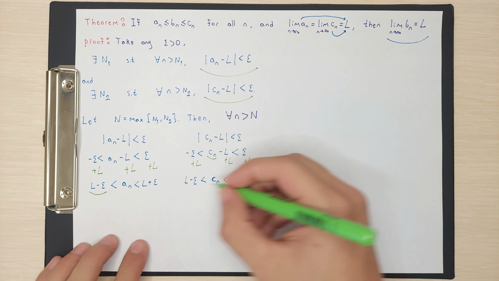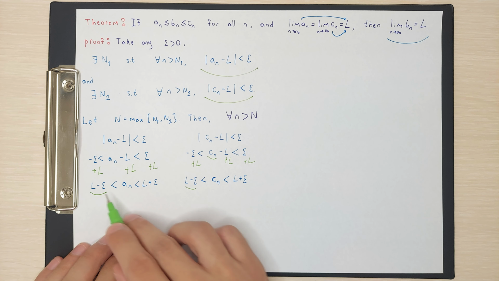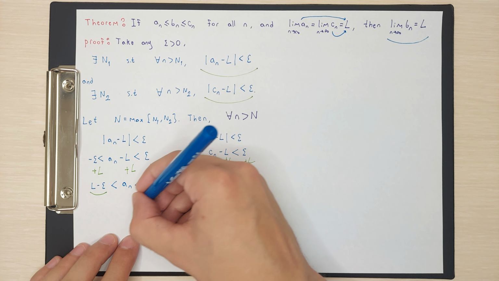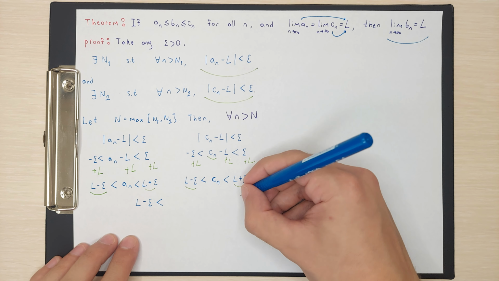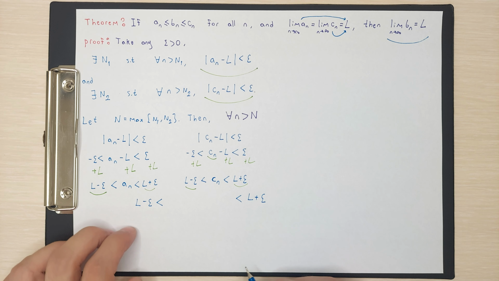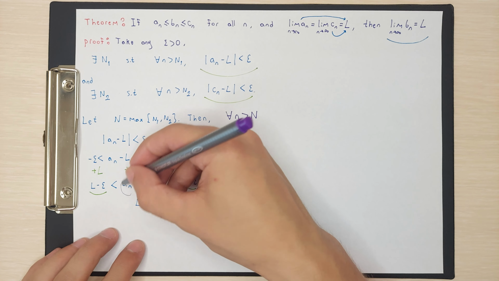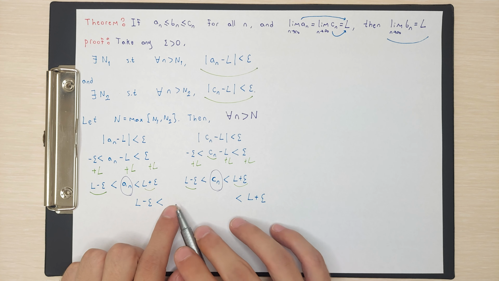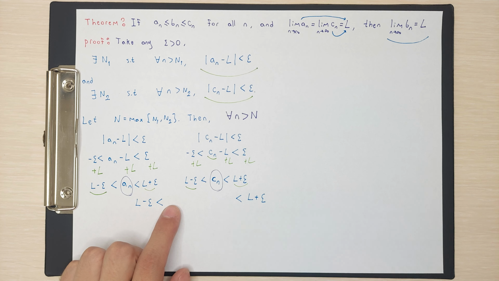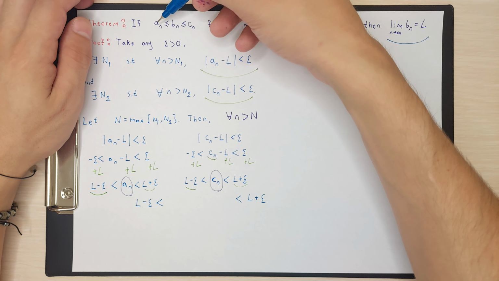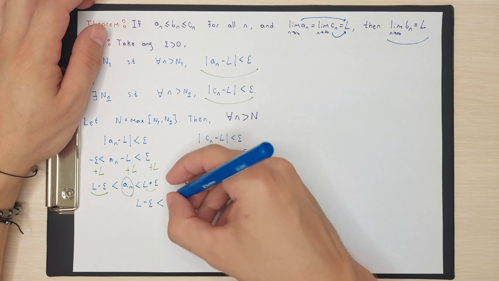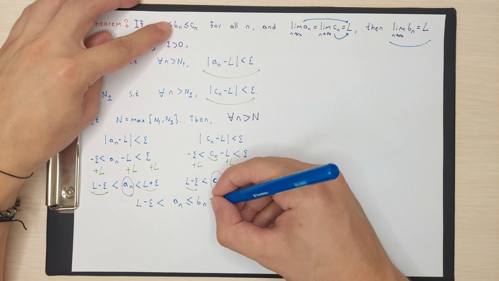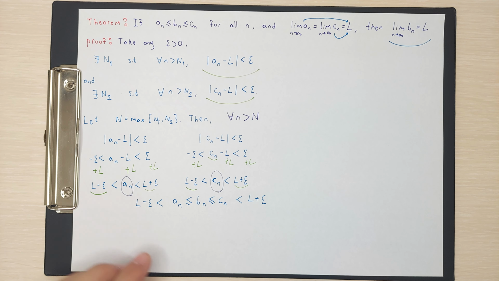So I can write that. Consider the lower bounds are the same and the upper bounds are the same. So we can write them like this. L minus epsilon, L plus epsilon. And we know that an is less than cn, right? I can write here an is less or equal than cn. But also I can write an is less or equal than bn is less or equal than cn, right?